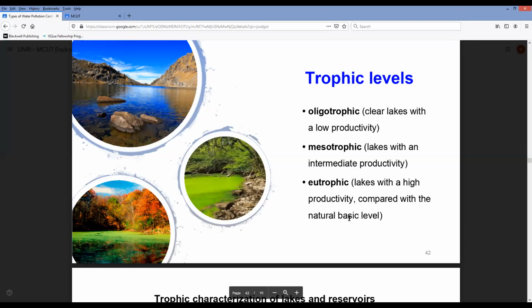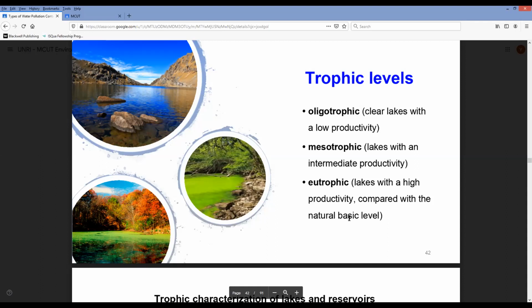Okay, and then the second one is called mesotrophic. Mesotrophic means a lake with intermediate productivity. As you can see at the bottom of this picture, some of the area of the lake looks green and some of the area looks very clear. So this is called mesotrophic.